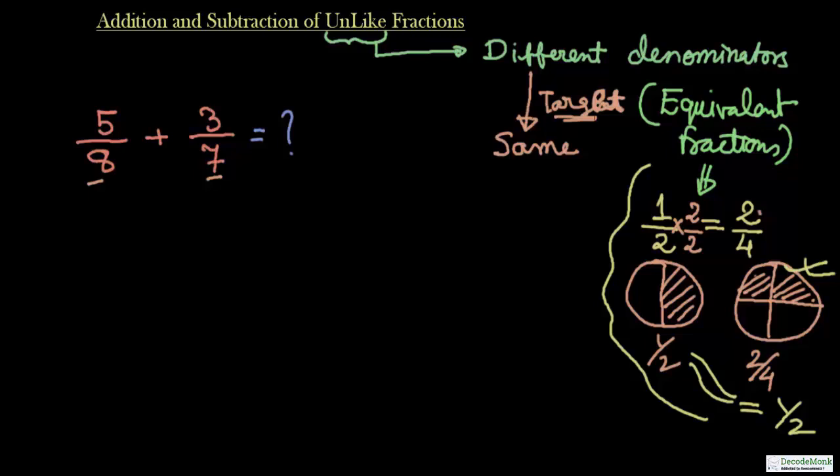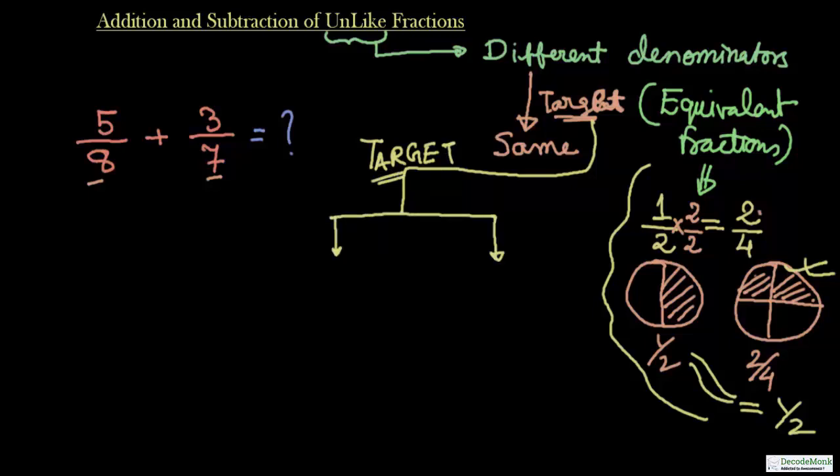Now this target, what target? The target of making denominators of the addends same can be fulfilled in two ways. So we can say that this target of having common denominators, common meaning same denominator, can be fulfilled using two ways.